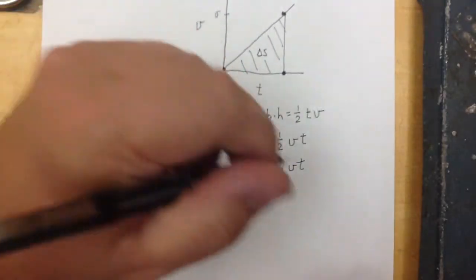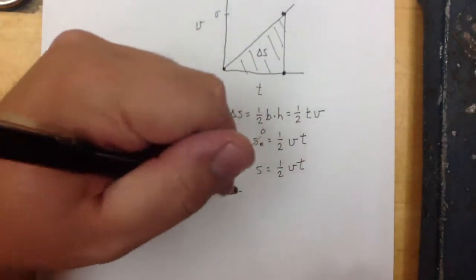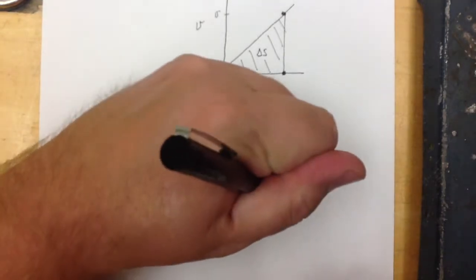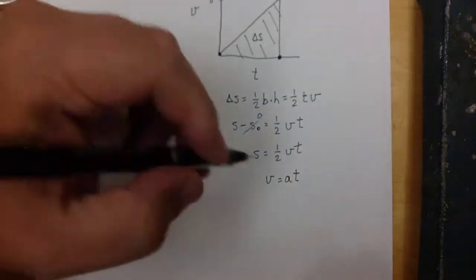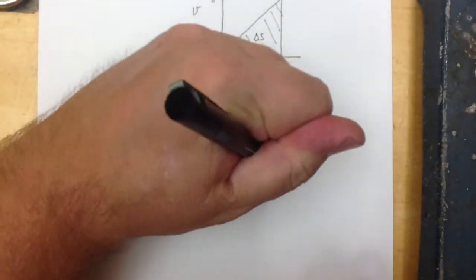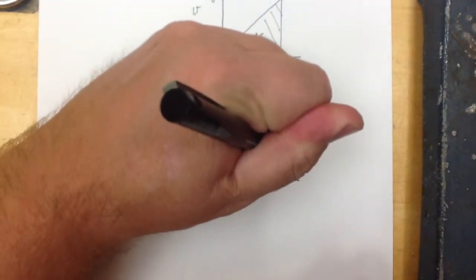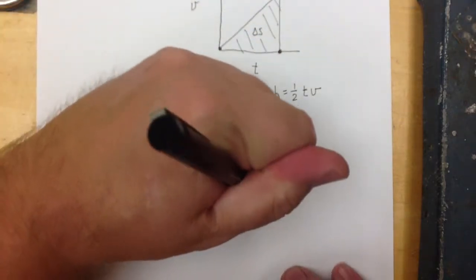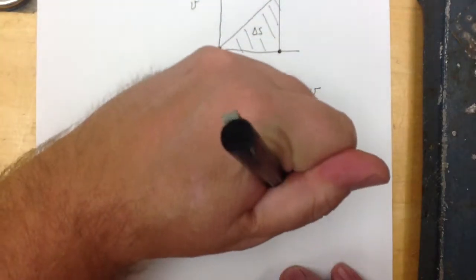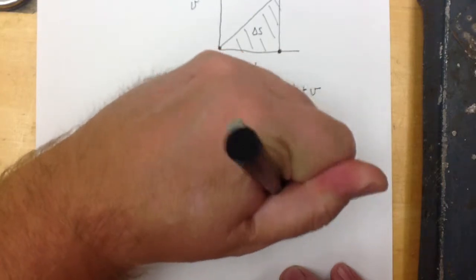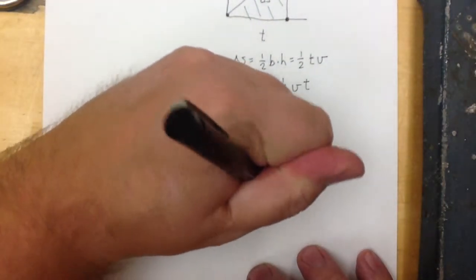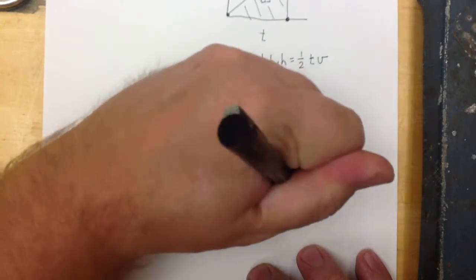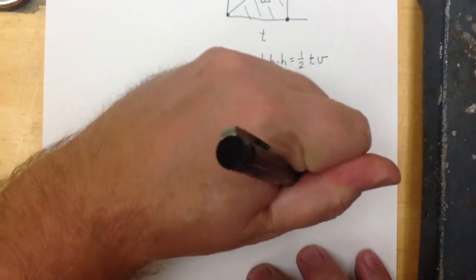We know from the previous slide that we had up here that velocity is equal to acceleration times time. And now by substituting in what velocity is equal to, we get S equals 1/2 at times t. And when we multiply that all out, we get S equals 1/2 at squared.